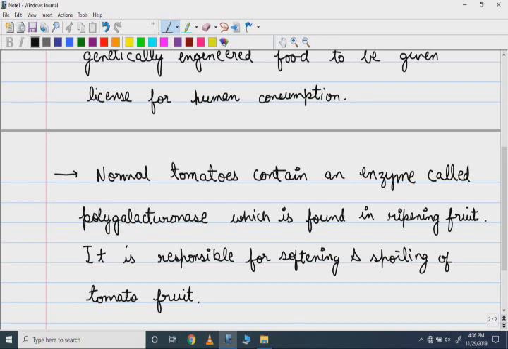Can you propose any method based on the chapter that you have just studied? Is there any way to do it? Based on the previous chapters, can you propose a way in which I can destroy this enzyme?